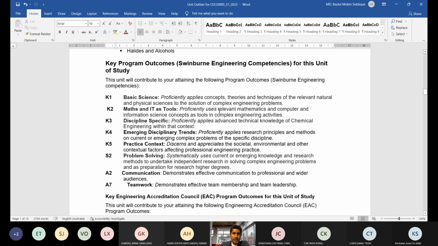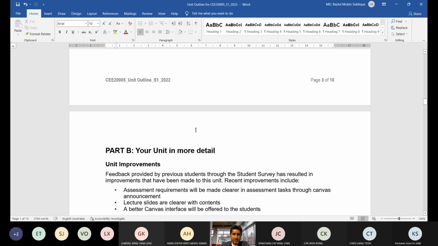The student will learn from this unit how they can become accredited engineers, or be recognized by the professional body of engineers. That is why we will test you through tests and assignments and all those things, to know that, yeah, you are ready.